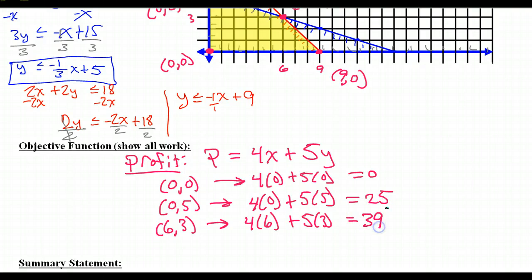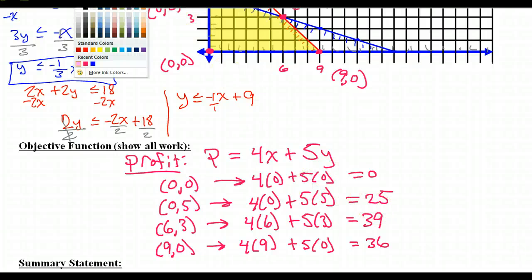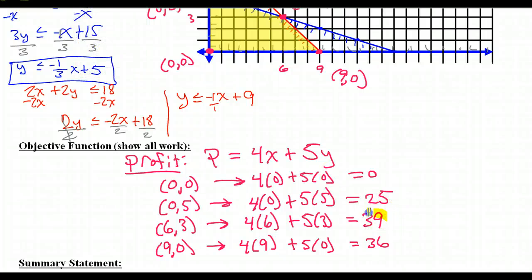That gives me 39. And then finally I put in 9, 0. And that's going to give me 36. Okay, so it's clear that the maximum profit is $39. And that comes from the point 6, 3.